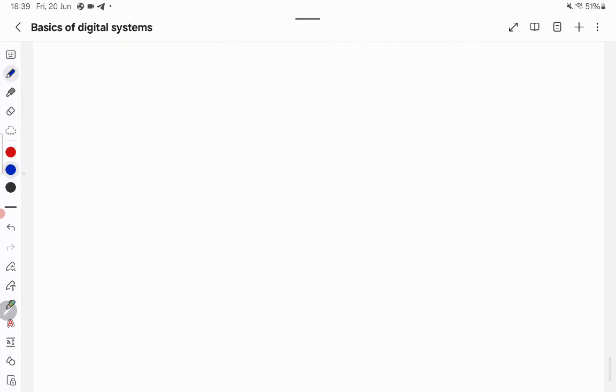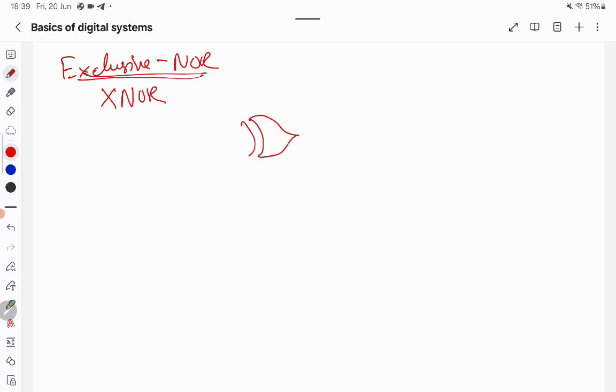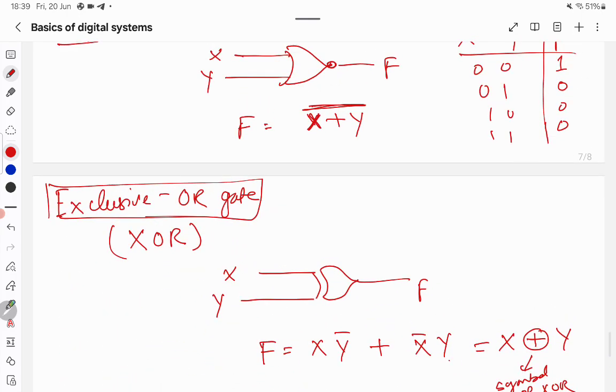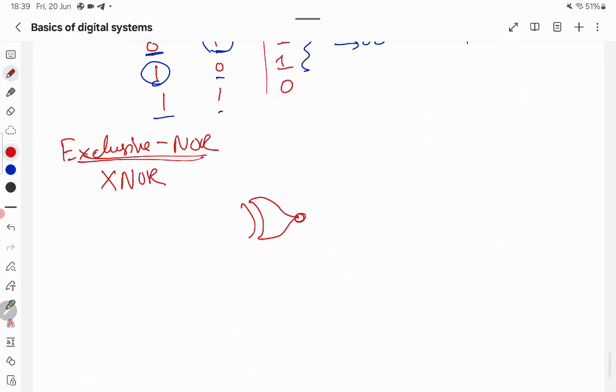So if we move to the next gate, which is exclusive NOR. You can write it as XNOR. It can be represented like this. This is the XOR gate, and in XNOR there is the same symbol, but with a NOT symbol in the front.